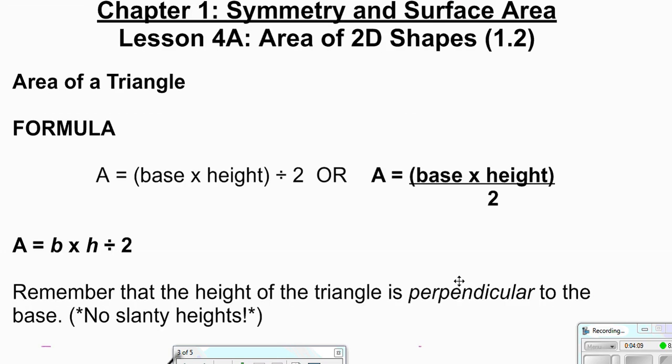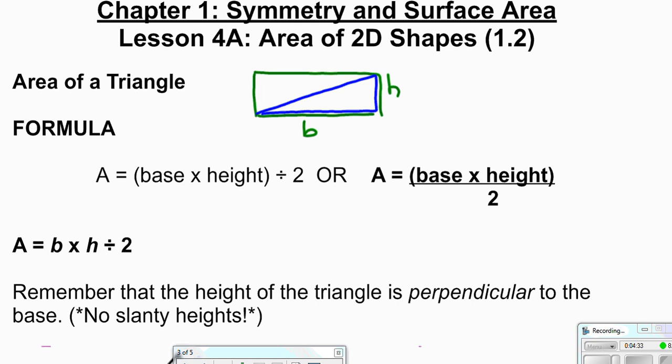And so then we moved from rectangles and squares and we started looking at triangles. And we said, well, if you start with a rectangle, to find the area of that rectangle, you're going to go base times height, or length times width. And we said, actually, a triangle is half of a rectangle, right?